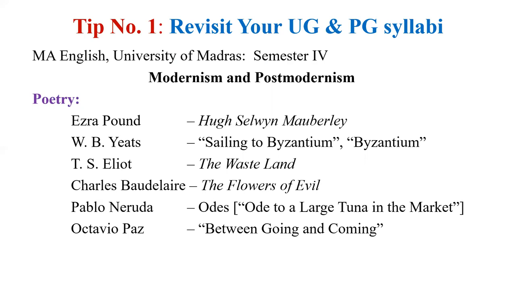Then we have W.B. Yeats' Sailing to Byzantium, T.S. Eliot's The Waste Land. Then the French symbolist poet Charles Baudelaire, The Flowers of Evil, which is considered his masterpiece. Then you have a poet from Chile, Pablo Neruda, his odes, one of his famous odes, Ode to a Large Tuna in the Market. Then you have a Mexican poet, Octavio Paz, Between Going and Coming.